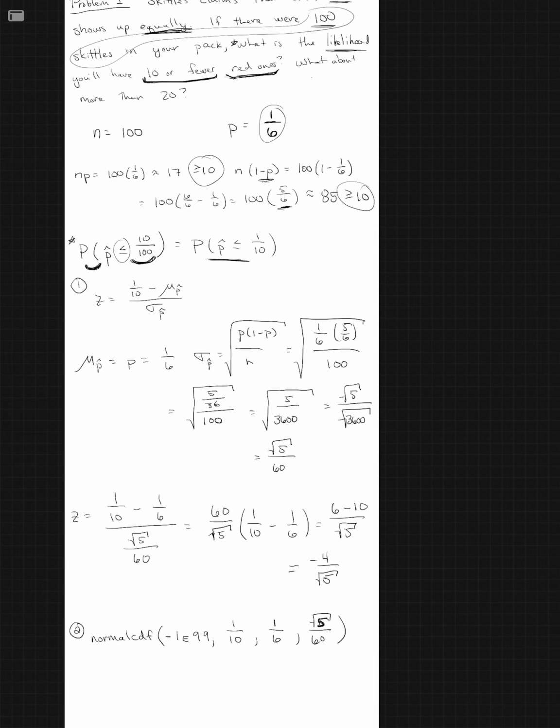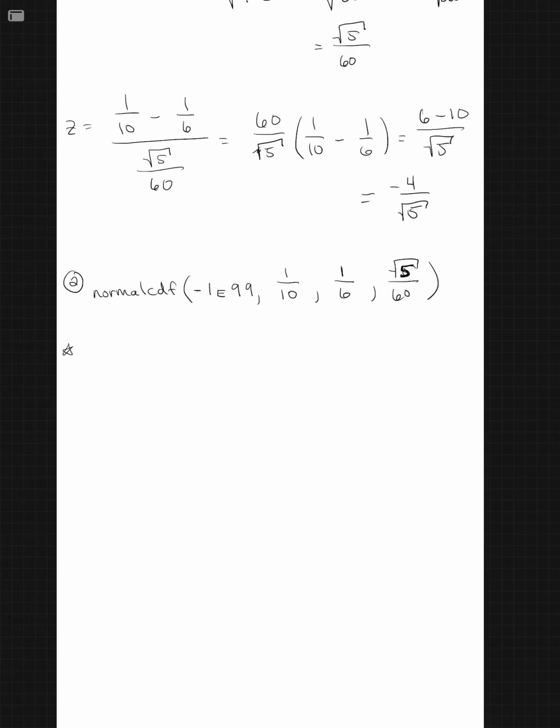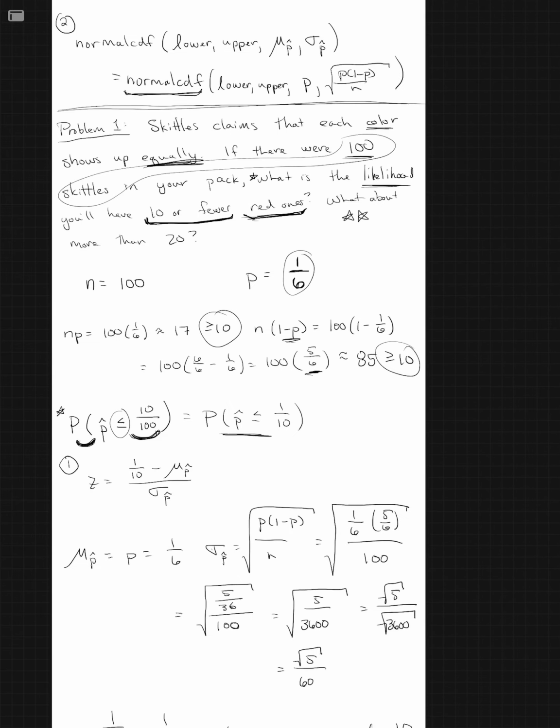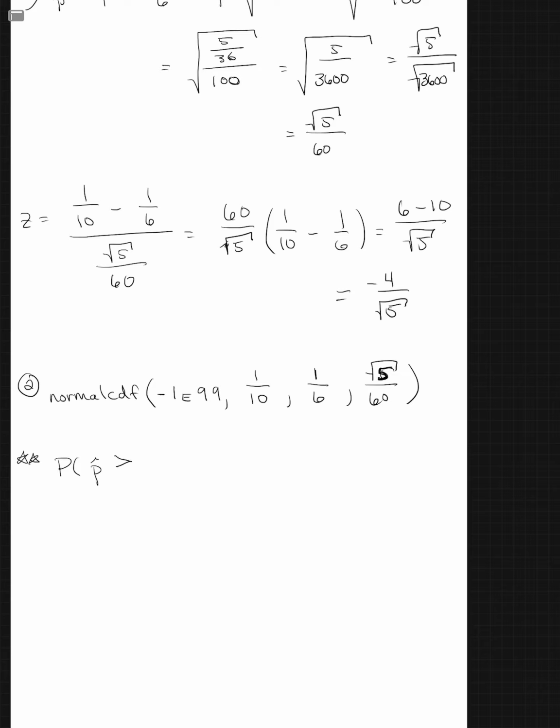So the second question was asking the probability that p hat, let's look back at it, is more than, so we're going to want a greater than sign, 20 out of the 100. So we want to know what's going to happen if it's more than 20 out of 100.